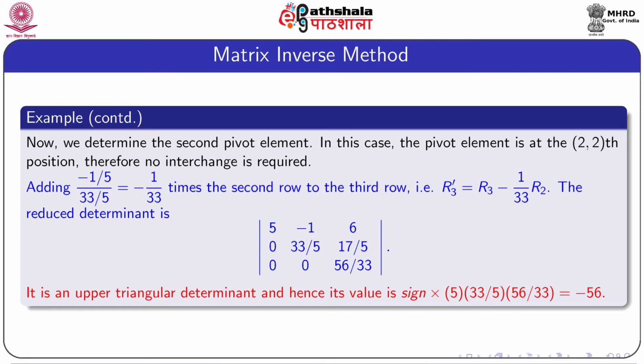Note that this is an upper triangular determinant and the value of the determinant is given by SIGN into the product of the diagonal elements, 5 times 33 by 5 times 56 by 33, which is equal to minus 56. So, this is the final value of the determinant obtained by the partial pivoting technique.